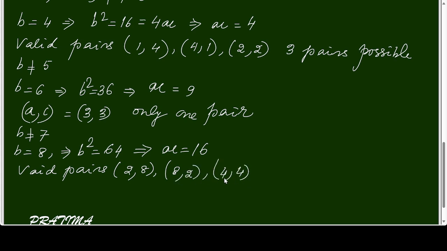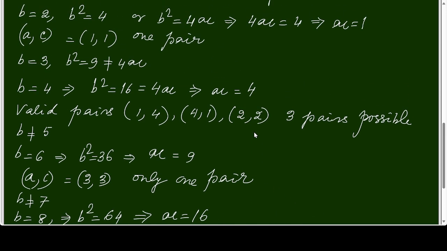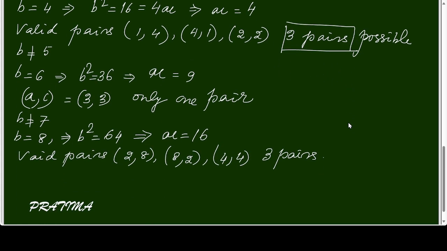Is there anything else possible? No, again 3 pairs. So total pairs we are getting here: 1 pair, then 3 pairs, then again 1 pair, and then 3 pairs. So total pairs are 8.